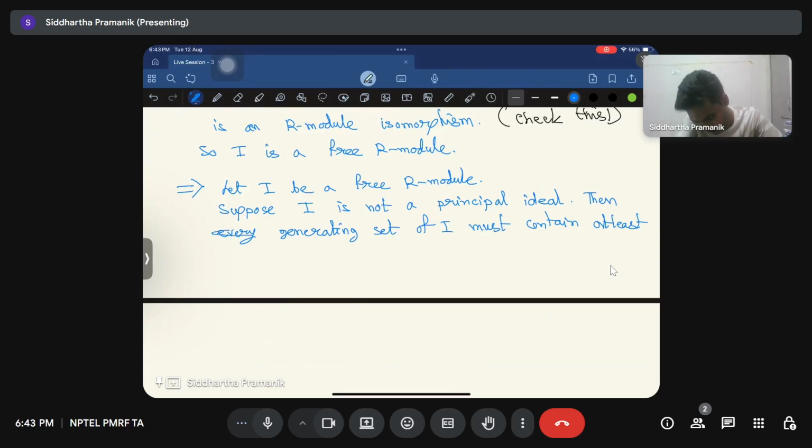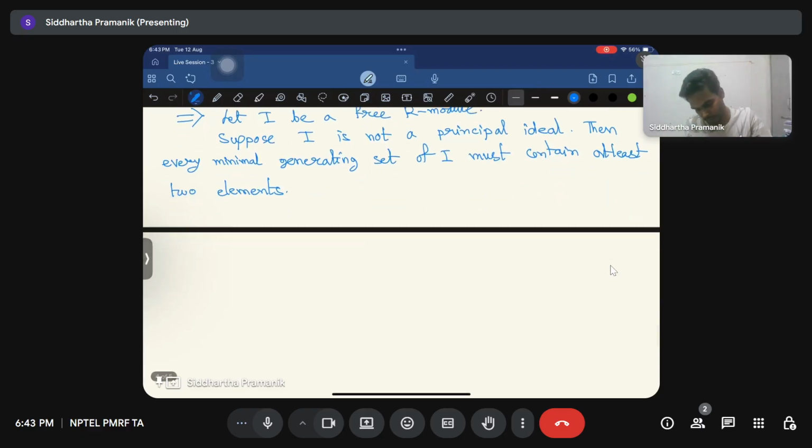So then every minimal generating set of I must contain at least two elements. So let x and y be two elements in a minimal generating set of I.